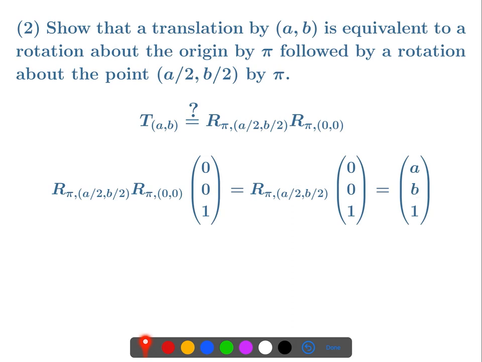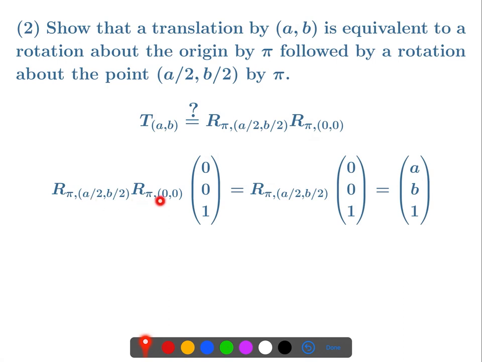It's taking everything in the same direction as it is when you go from (0, 0) to (a, b), and that distance. So it's going in the direction and length of the vector (a, b). So if I can show that (0, 0) goes to (a, b), just knowing that this is a translation, it would have to be the translation (a, b). So that's what we're trying to show.